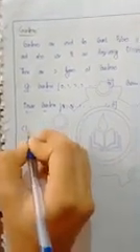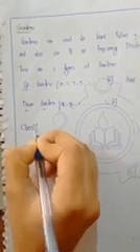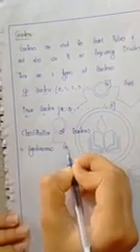Next, classification of counters. Counters are classified into two categories. First one, synchronous counter. Second one, asynchronous counter.